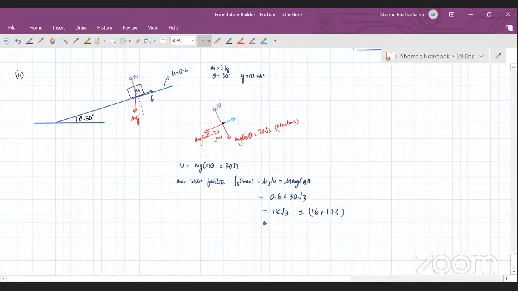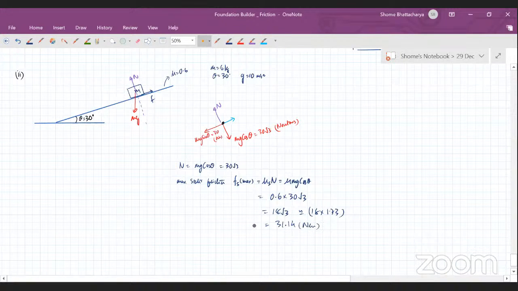You want to really check out the value. Okay, so its approximate value here is going to be about 31.14 newtons.